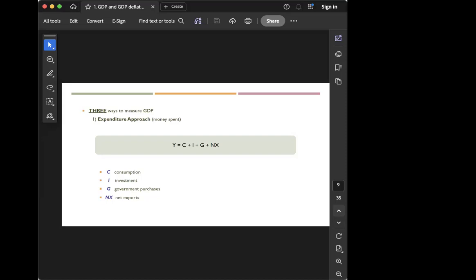Here Y stands for GDP, C is consumption, I is investment, G is government purchases, and NX is net exports. The important thing is that each part represents a different type of spending in the economy. So we're going to go through each one carefully.